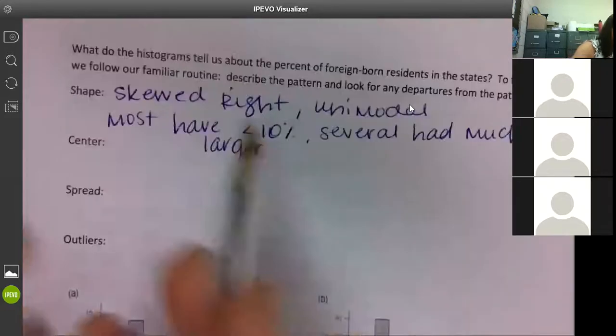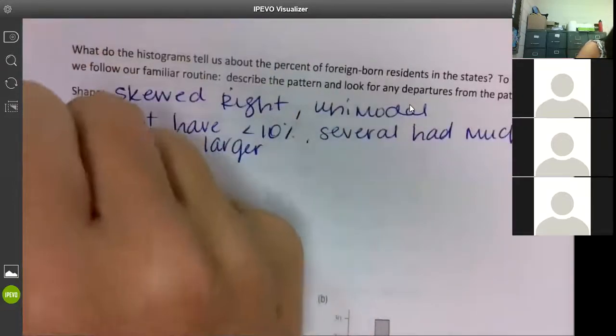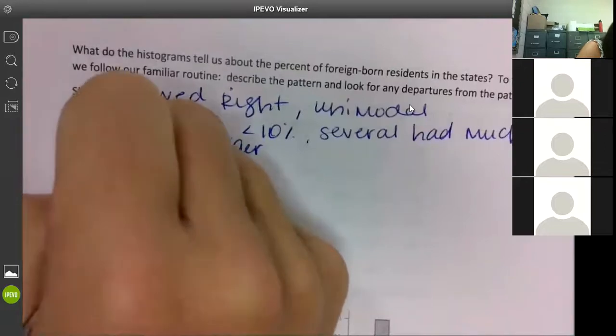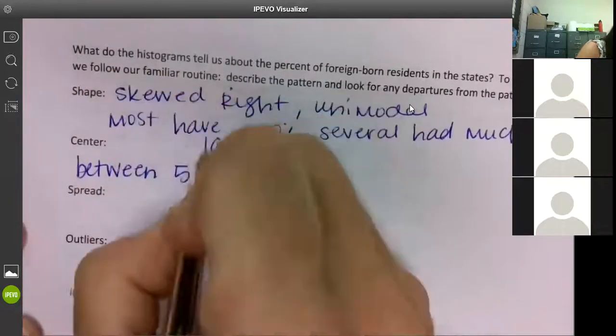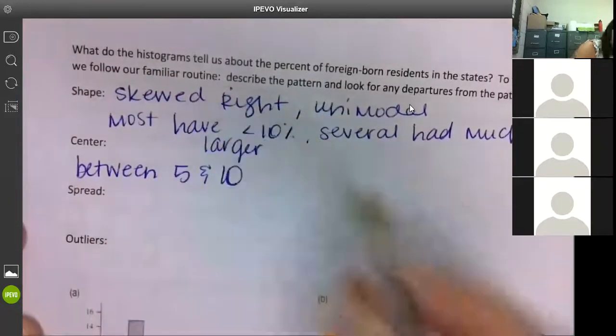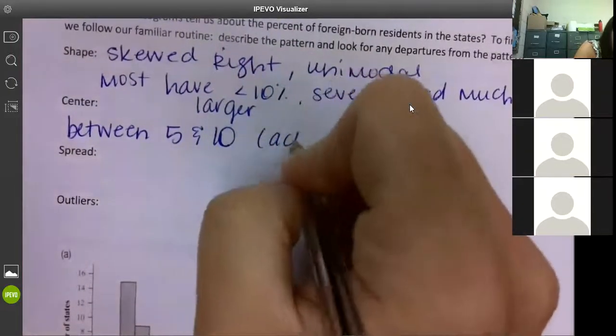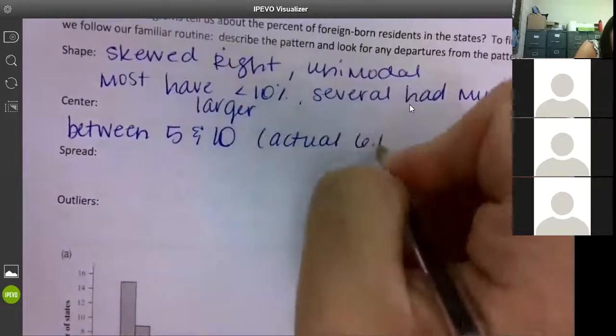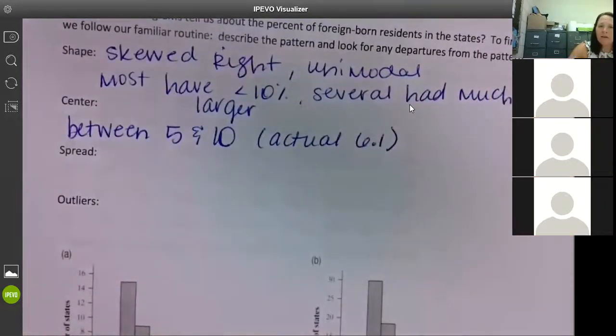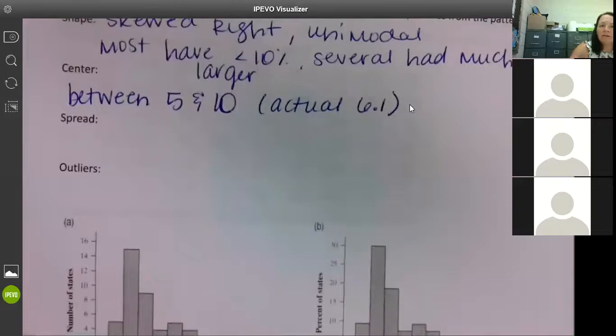So it said between 5 and 10. So you guys would agree with that. The actual is 6.1. We don't know how to find the actual yet. It's just letting you know that your guess was good.